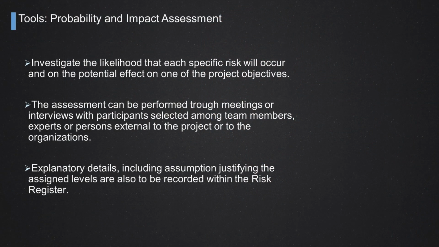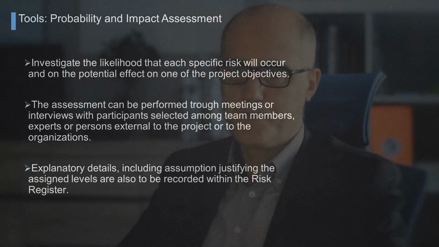Since the assumptions could change during the life cycle of the project, we need to be able to track back what were the assumptions for which that risk was ranked as a medium severity risk or a low severity risk, and we have to record all these things inside the output of this process, or the main tool of this process, that is our risk register, in which all the risks are listed, are ordered, together with all the analysis and the assessment we have done.